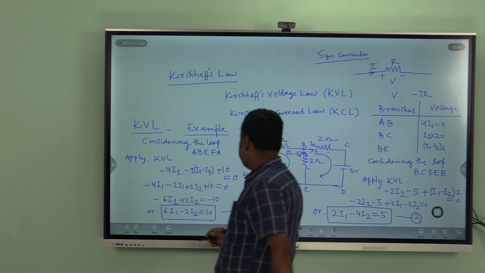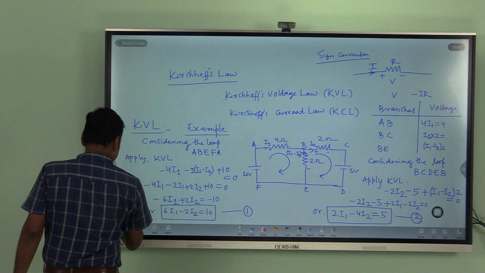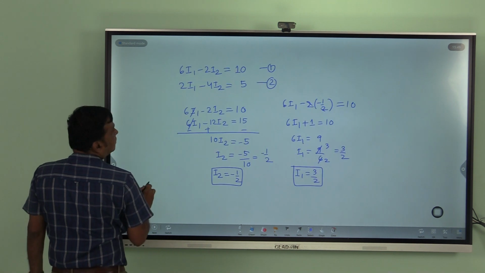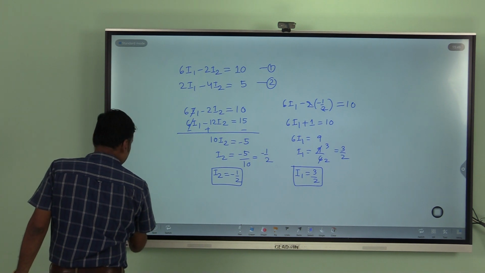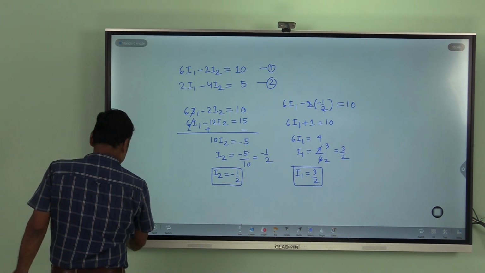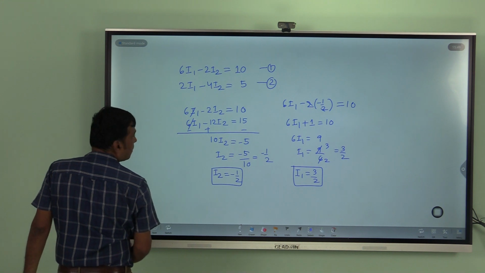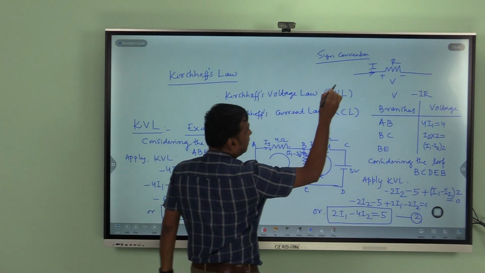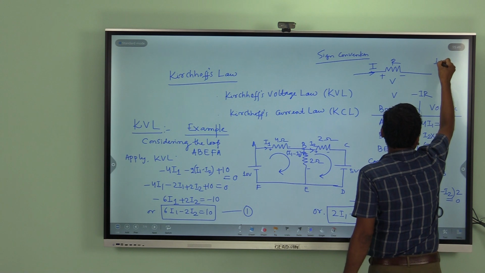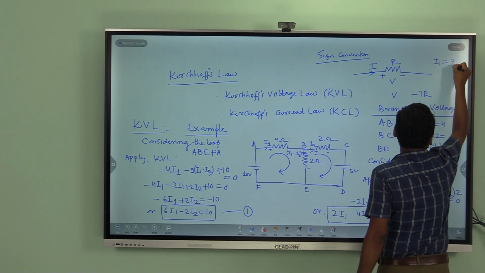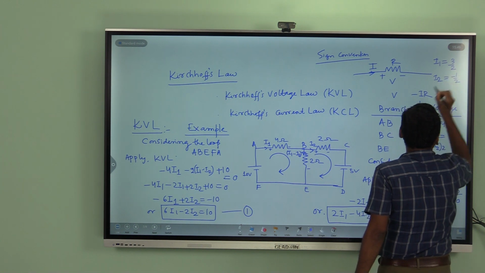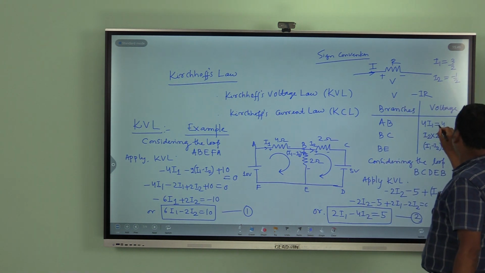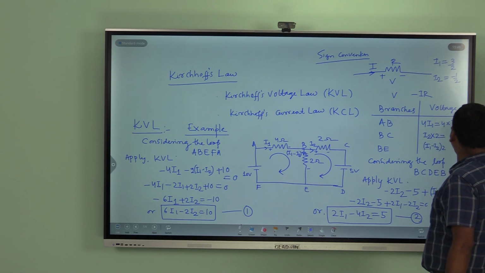So, we have I1 equal to 3 by 2 and I2 equal to minus 1 by 2. For AB, the voltage is 4 into I1, that is 4 into 3 by 2.